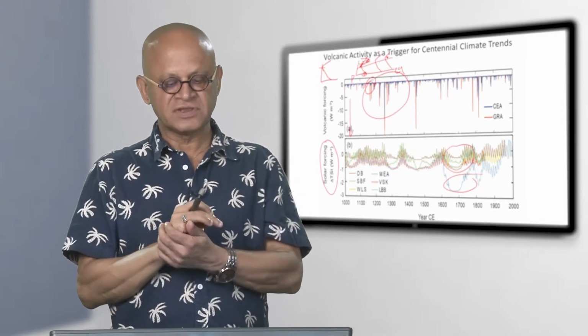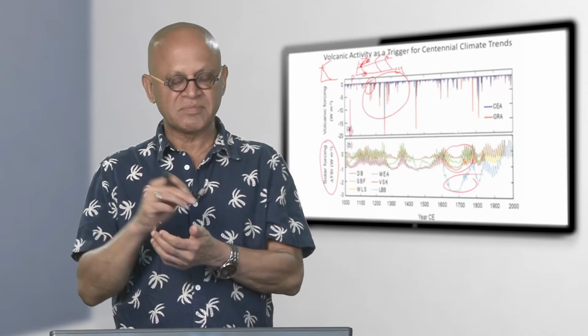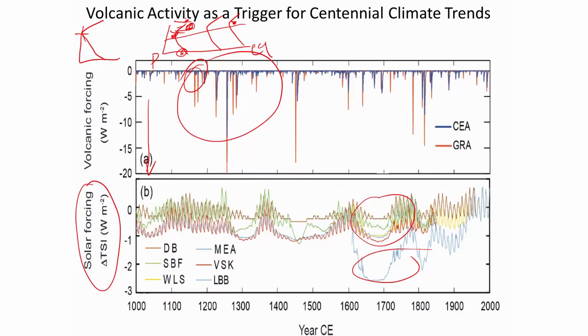Okay, and there are many evidences. We will see the temperature effect in a little bit. So, even though a volcano is a pulse, it can create perturbations, and when you have increased activity like this, for example, see there is hardly any volcanic activity here, and suddenly there are lots of volcanoes coming into the 12th and 13th centuries.